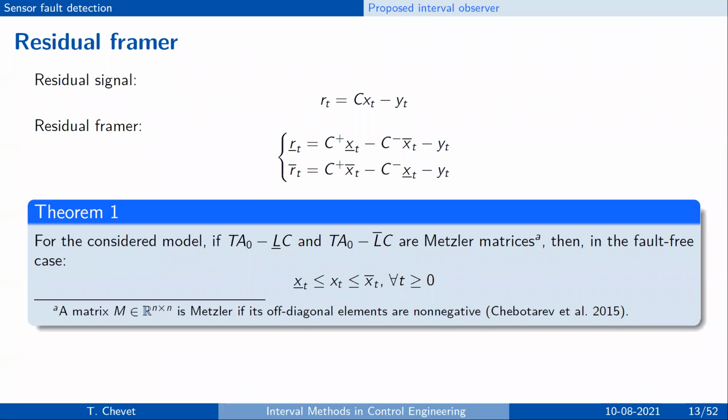And then we proved in our paper, as classically done, that if these two matrices are Metzler matrices, then in the fault-free case, the framer that we proposed in the previous slide provides actual bounds for the state vector. And then using the theorem and the bounding lemma, if these matrices are Metzler, in the fault-free case, the residual is actually contained inside the residual bounds, as we expect for the fault detection strategy.